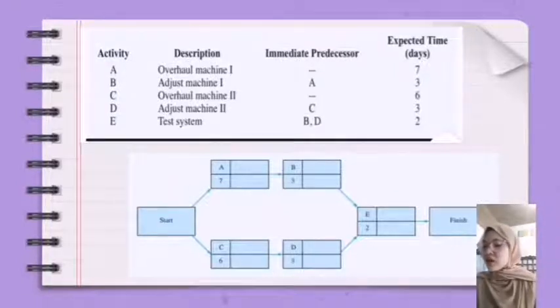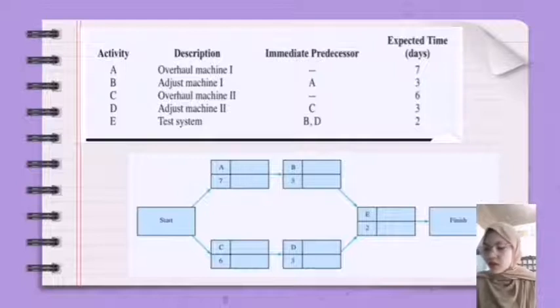Generally this increases project cost. So the decision to reduce activity time must take into consideration the additional cost involved. The project manager makes a decision that involves trading reduced activity time for additional activity costs.